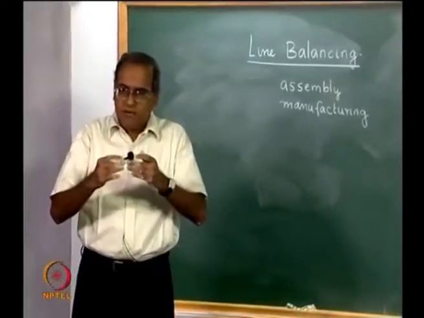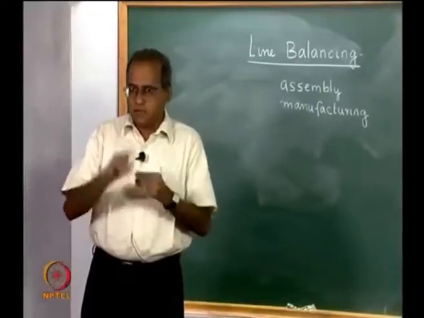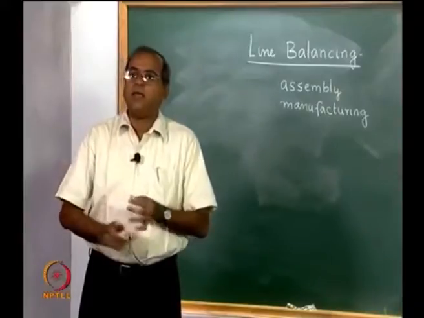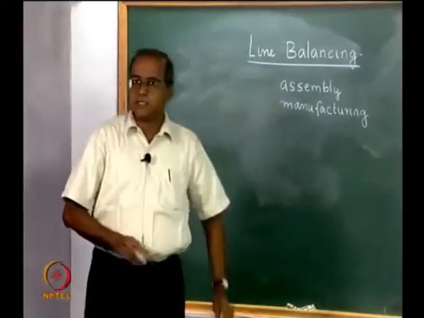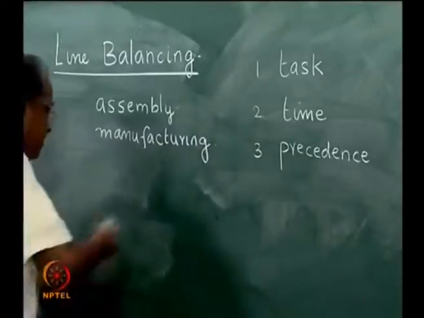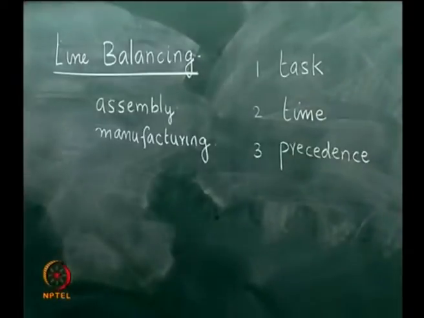So, for an assembly line balancing problem, the data that are required are the number of tasks, the time for each of these tasks, and the precedence relationship of the assembly. So, let me take an example to explain all these and then try and use the same example to solve the line balancing problem.